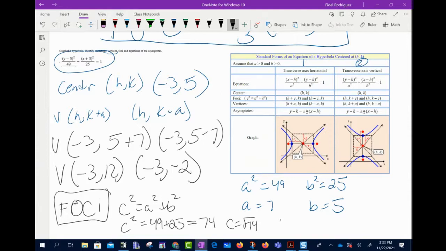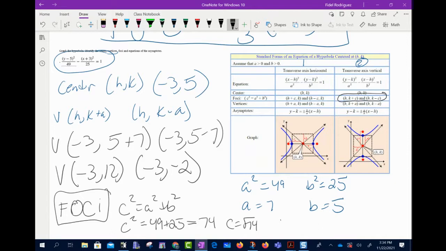All right, now that we found a value for c, and since this is like number 2, the coordinates for my foci, y'all, should be (h, k plus c) and (h, k minus c). I'm sorry?